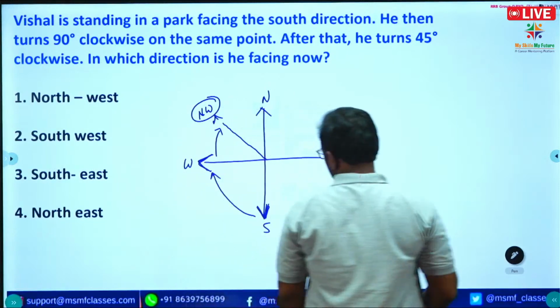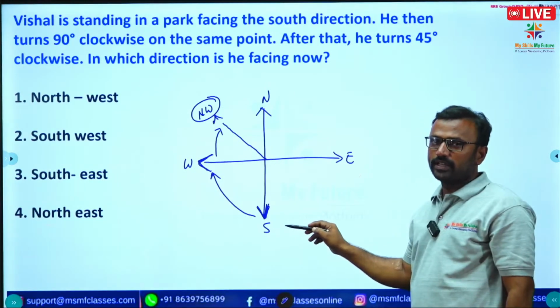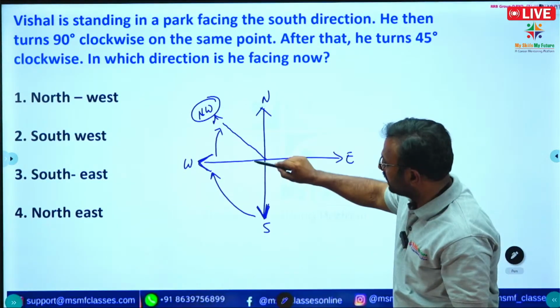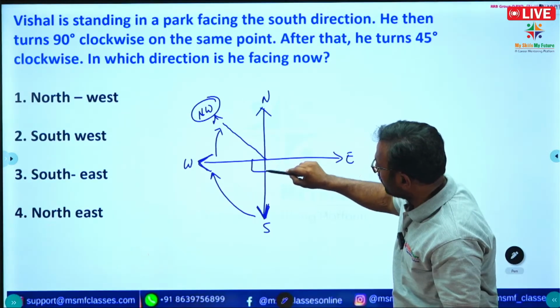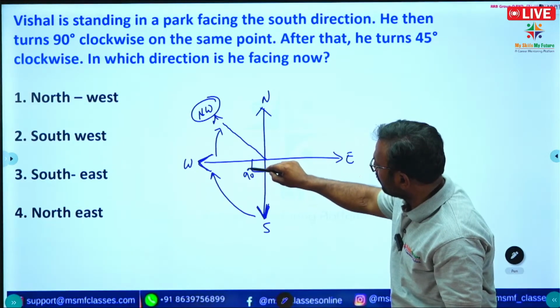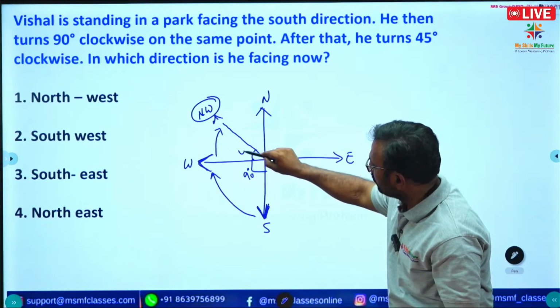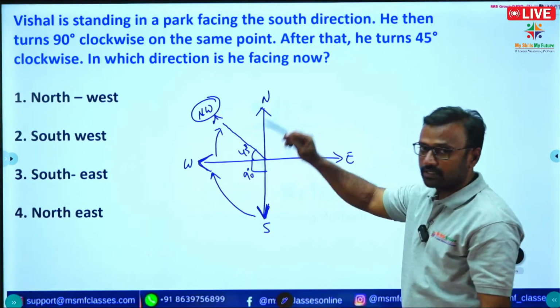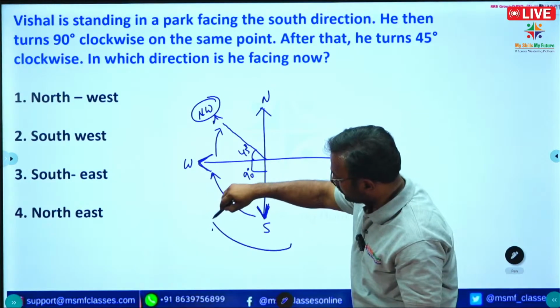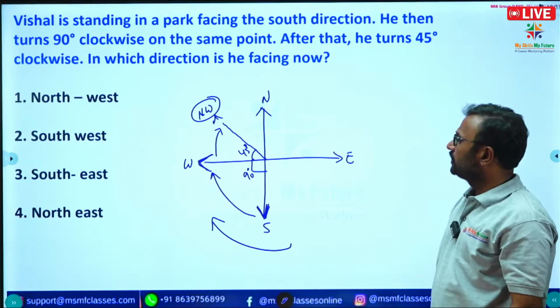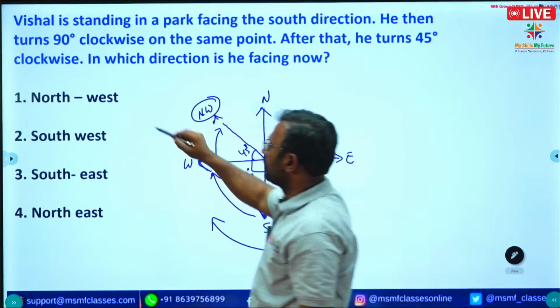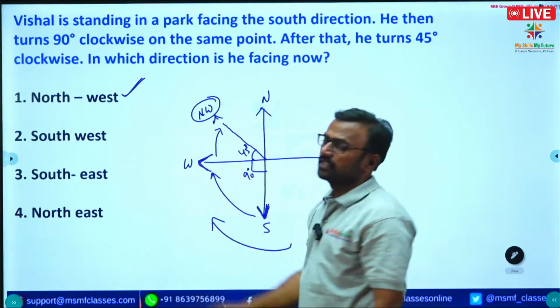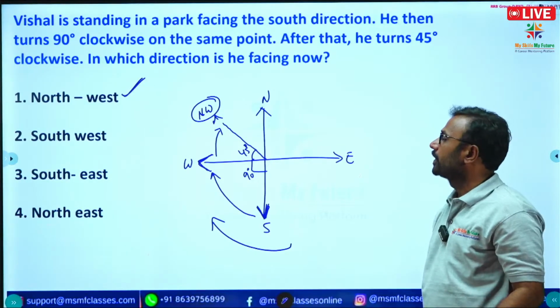So Vishal is facing south, turns 90 degrees, then turns 45 degrees clockwise, so he is facing northwest. Option 1 is correct.